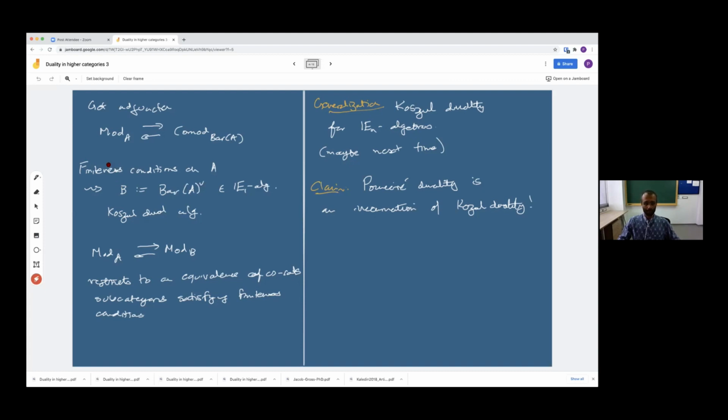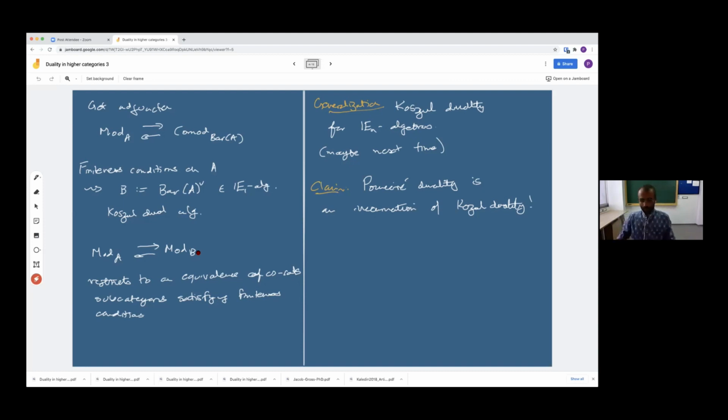This is called the Koszul dual algebra, and you get an adjunction between mod A and mod B. This restricts to an equivalence of infinity categories between subcategories of mod A and mod B which satisfy some finiteness conditions.